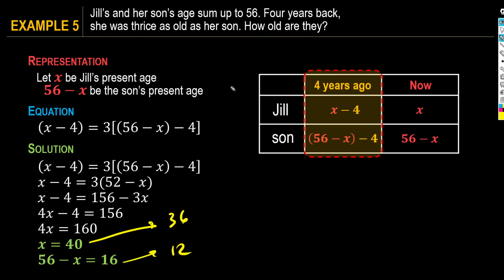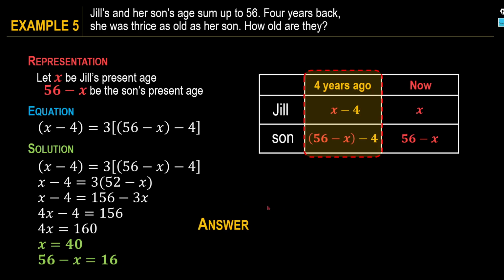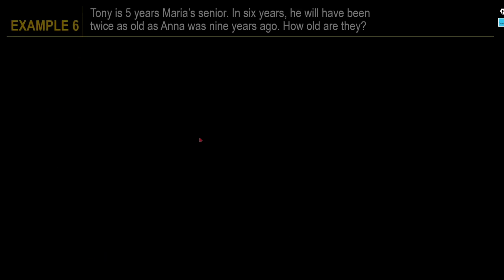Tama ba na 4 years back, Jill was thrice as old as her son? Check. That's one way of checking. Check mo kagad kung tama ka o mali. So finally, we state that Jill is 40 and her son is 16. No problem. Napakadali.